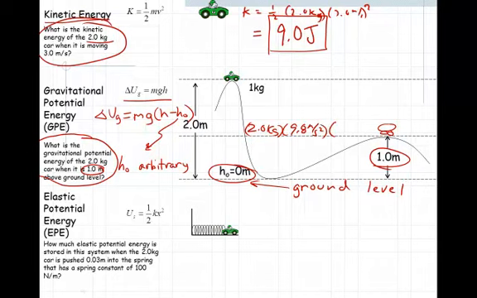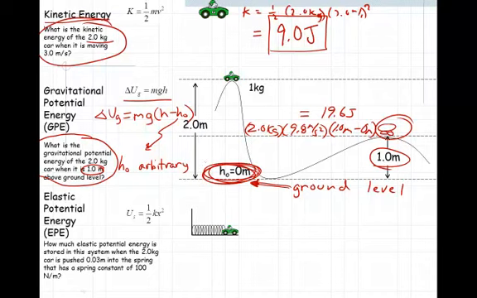The height of 1 meter minus the arbitrary point we chose to make h initial, 0 meters, and we would get an answer of 19.6 joules. So this car here would have a gravitational potential energy of 19.6 joules relative to this point.